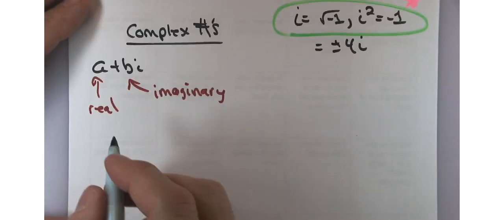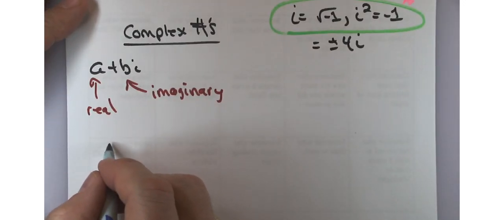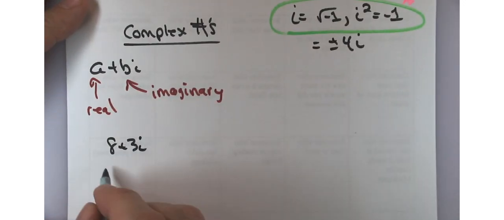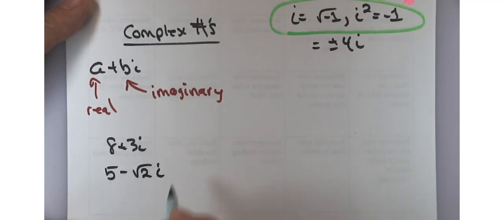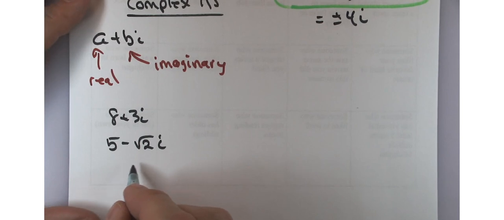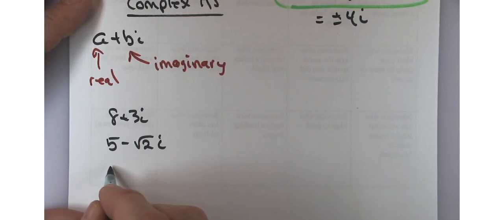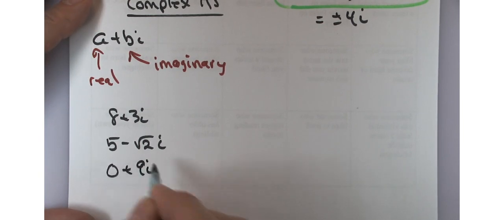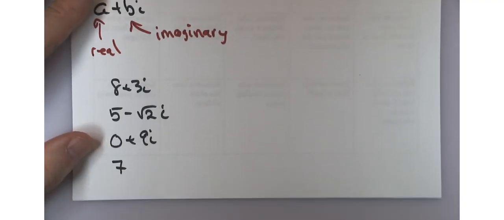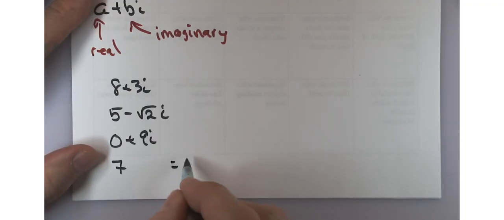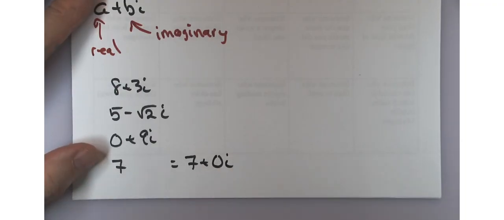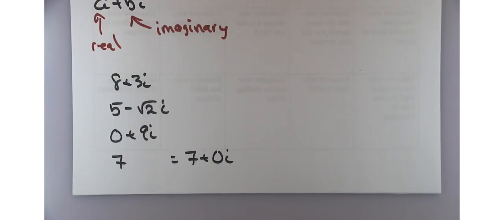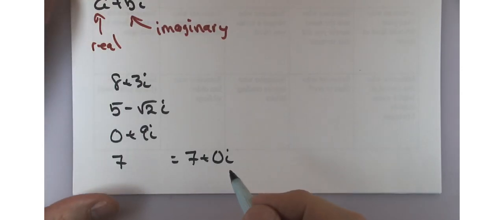So for examples, you could have 8 plus 3i, or 5 minus square root of 2 times i. You could have a number that's completely imaginary, 0 plus 9i, or you could have a number like 7. And you might say, well, that's not a complex number. But you could consider it a complex number if you think of it as 7 plus 0i. All of these have a real and imaginary part.